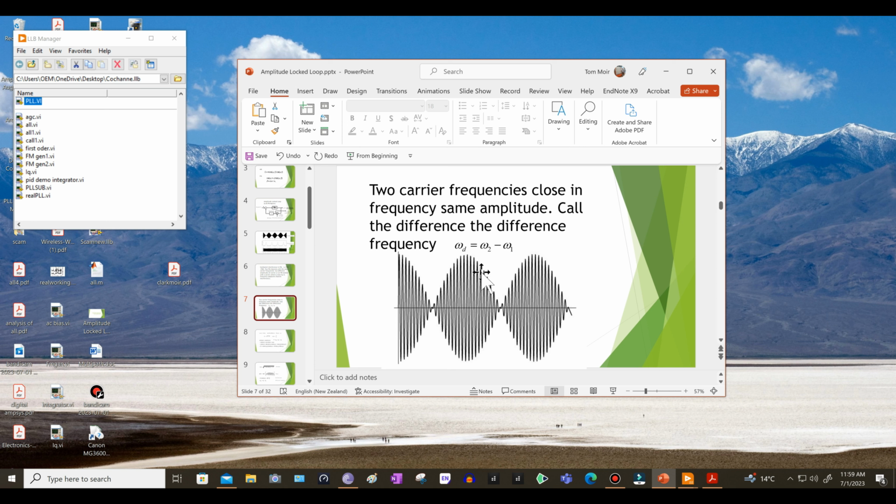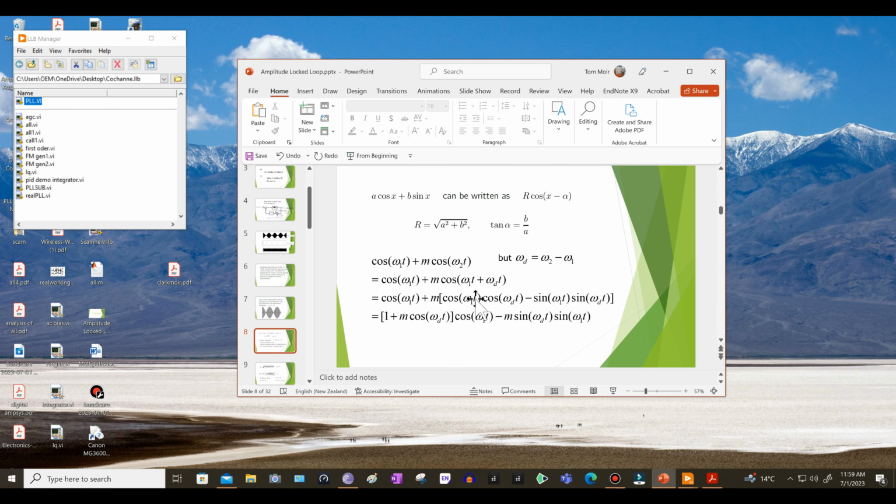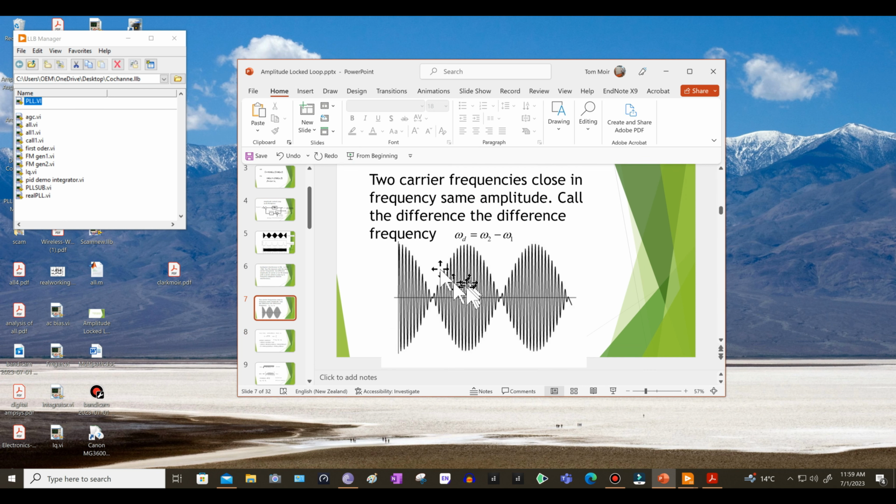An amazing piece of work by Corrington and others really were working on that as well. But let's just have a quick look at how you analyze that. So if you've got the sum of 2 sine waves, how do you add them together is the first thing.